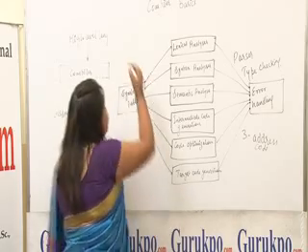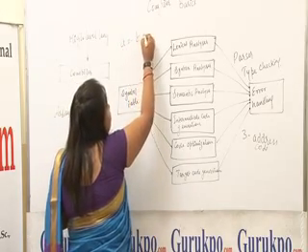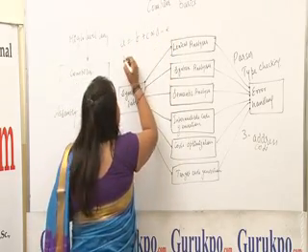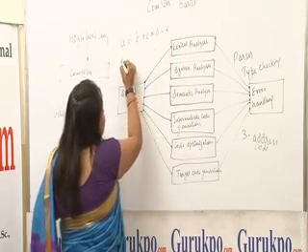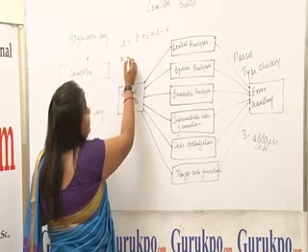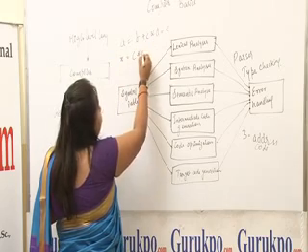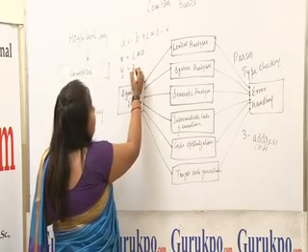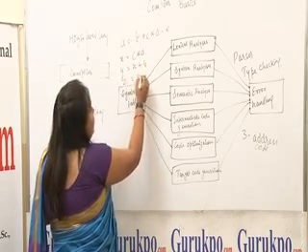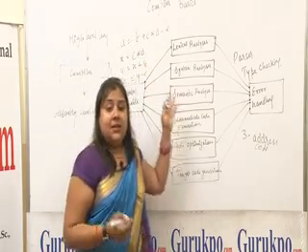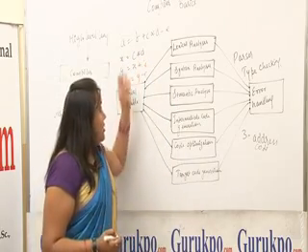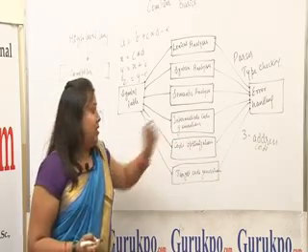For example, we have A equals B plus C into D minus E. So it needs to be done like X equals C into D, then Y equals X plus B, and Z equals Y minus E. This is a 3 address code because only 3 addresses are involved in each instruction. So this task is done under intermediate code generation.